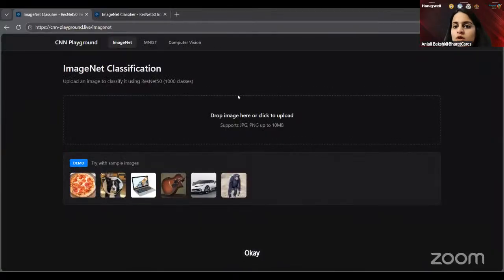Okay. So everyone is on this page. This is the image classification. Everyone has scanned? Mention done in the chat if you are done with the scanning part.